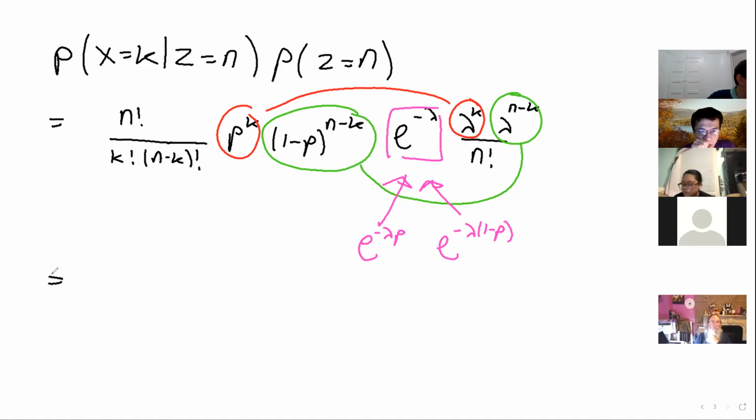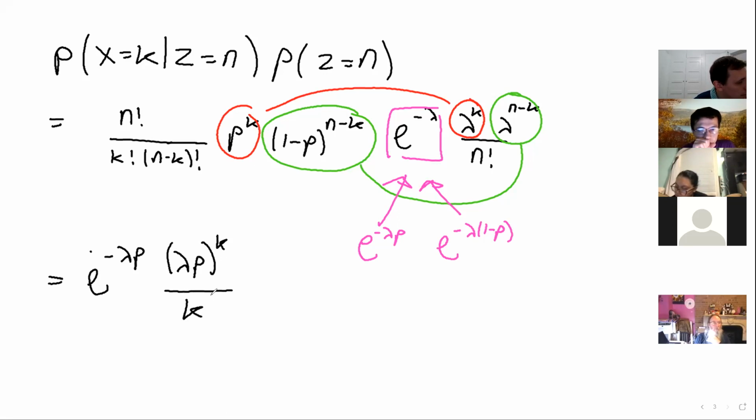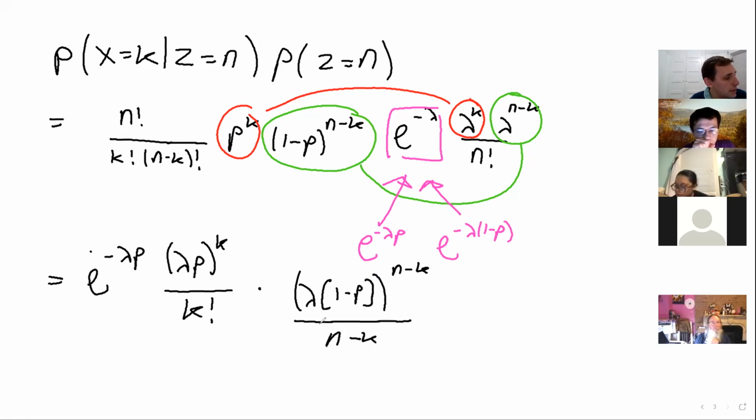I get that this expression is the same as, grouping over the k, e to the minus lambda p to the power of k divided by k factorial, multiplied by lambda 1 minus p to the power of n minus k divided by n minus k factorial, and not forget e to the minus lambda 1 minus p.